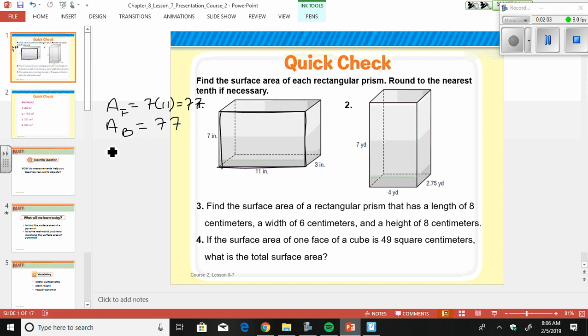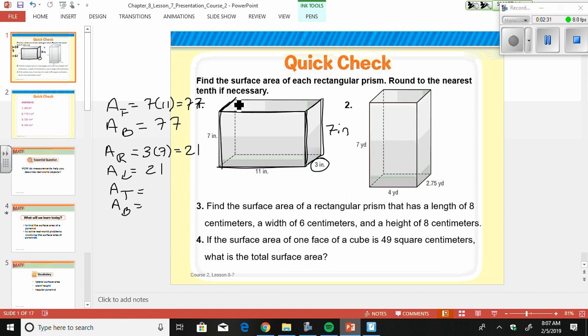Then we have area of the right and area of the left. It's just a rectangle, so length times width. So the right side here is going to be 3 inches by 7 inches because the height has to be the same all the way across. So 3 times 7 is 21, and the left and right match. Then we have area of the top and area of the bottom.